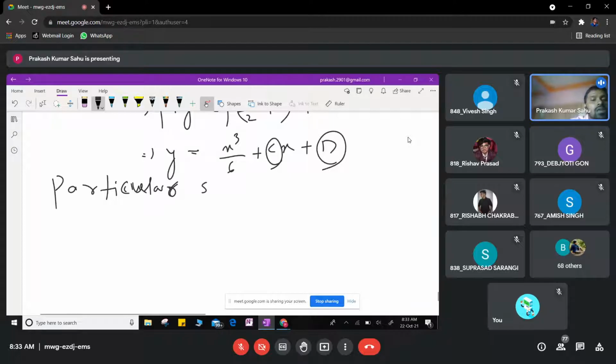Okay, particular solution. What is the particular solution?